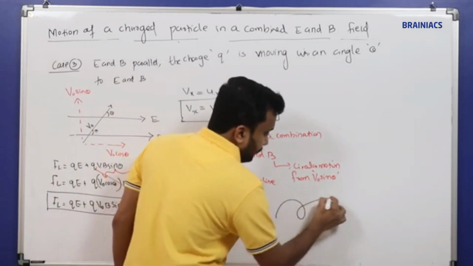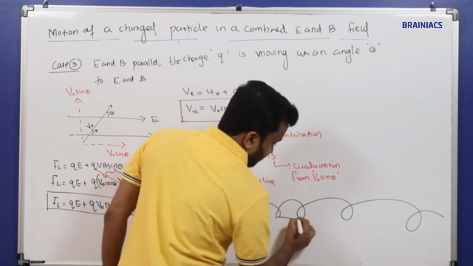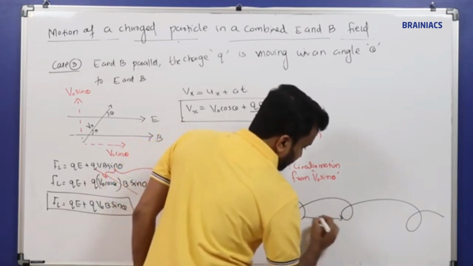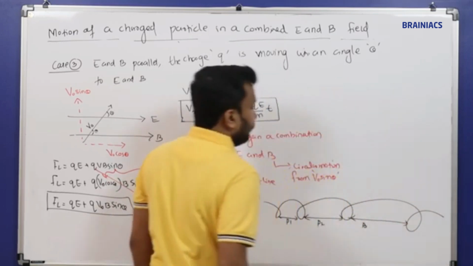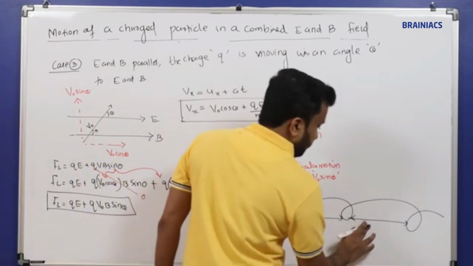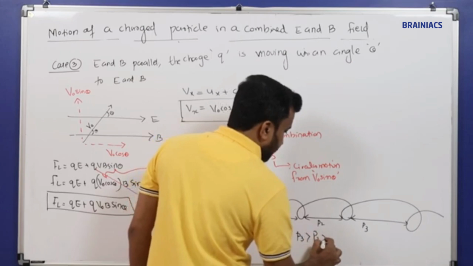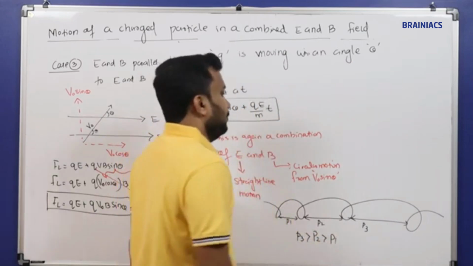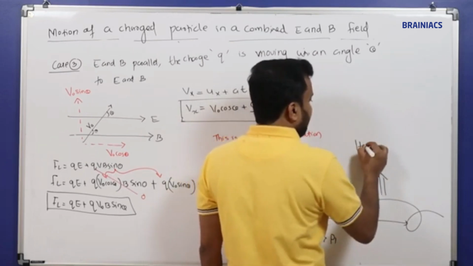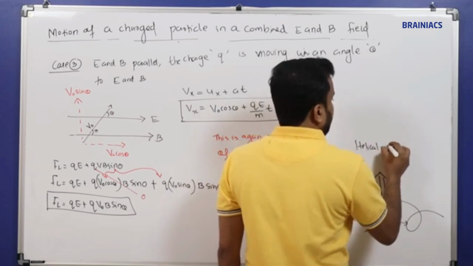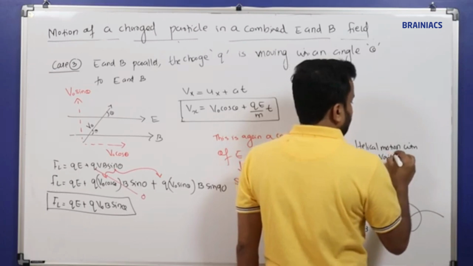If it looks something like this, then this is the P1 pitch, this is the P2 pitch, and this is the P3 pitch. We know P3 is greater than P2, which is greater than P1. So we can write this more specifically as helical motion with variable pitch.